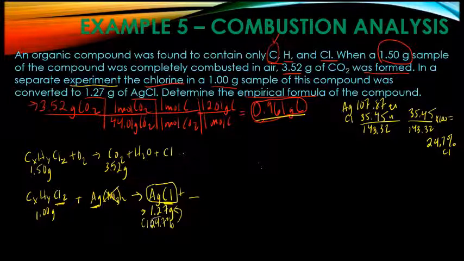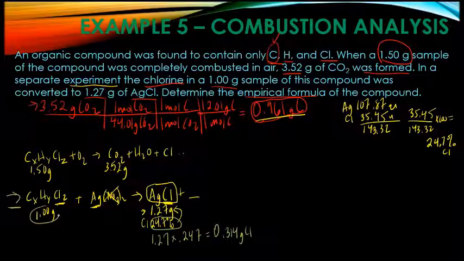So now that I know the 24.7% of the 1.27 grams, I can figure out the amount of grams in this particular reaction. So I do 1.27 times 0.247, and that is going to give me 0.314 grams Cl. Now, we're still here in this reaction, so that means out of this 1 gram sample, we have 0.314 grams.